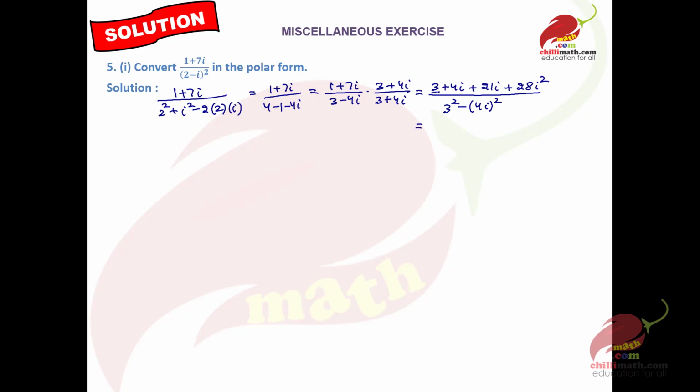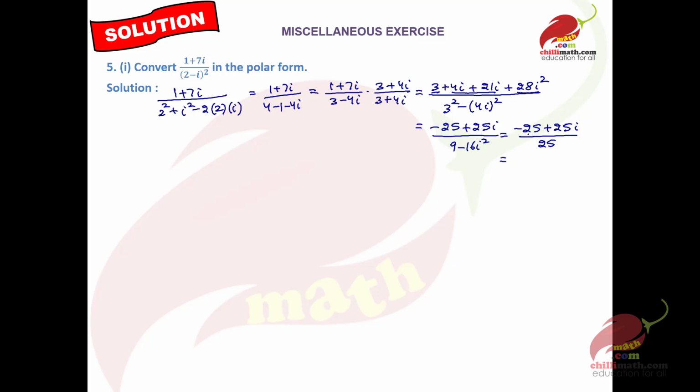Upon solving this, we get 3 minus 28, that is minus 25, plus 25 iota over 9 minus 16 iota square, which is equal to minus 25 plus 25 iota over 9 minus 16 into minus 1, that is plus 25.